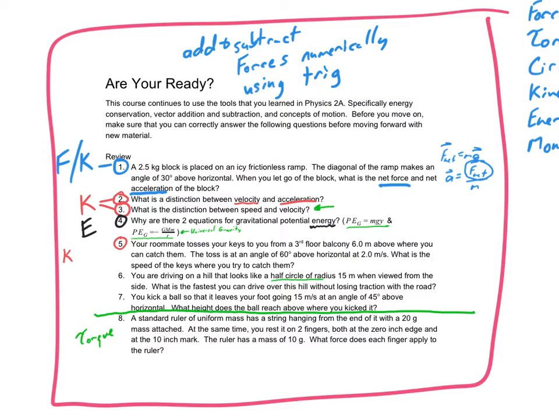But there's a second way you could solve this. Because note that the time was never given. You were given the height that it travels through. It starts 6 meters up in the air and ends 6 meters lower.